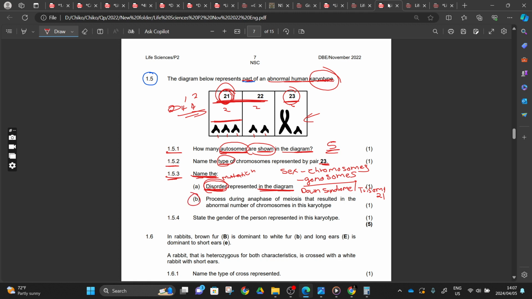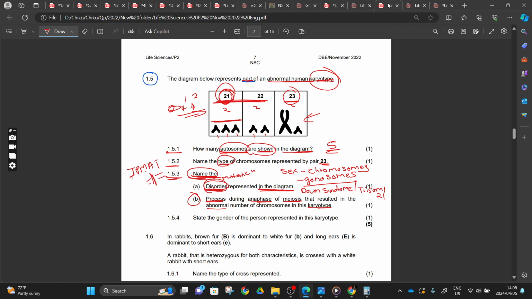Number B, we are still at: name the process during anaphase of meiosis that results in the abnormal number of chromosomes in this karyotype. By this time you should understand from IPMAT, interphase, prophase, metaphase, anaphase, telophase, that in anaphase we are pulling them aside.